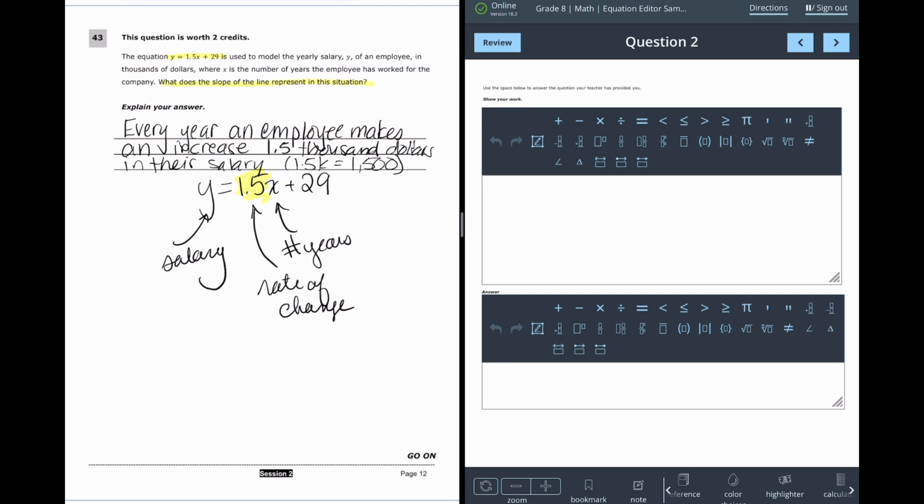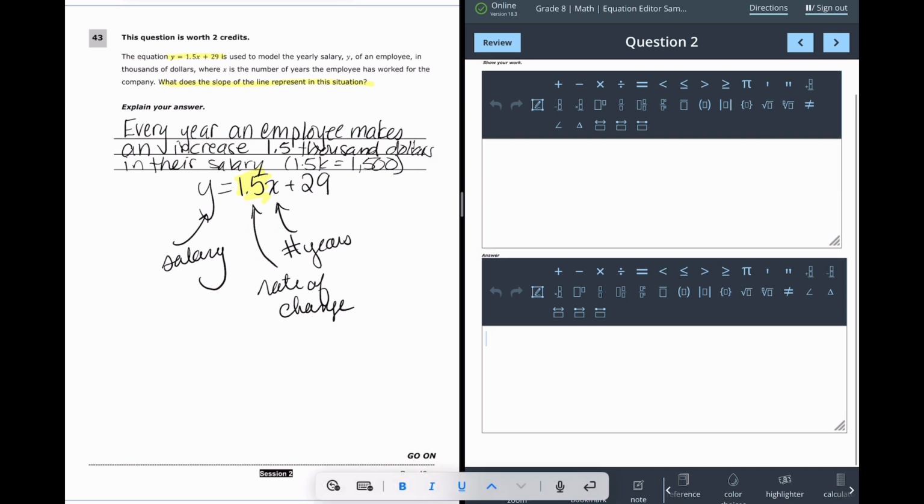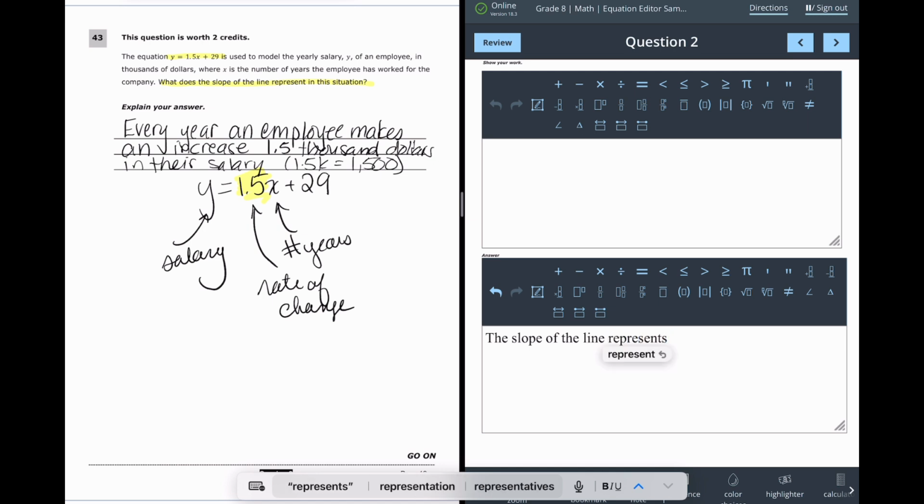Okay, so now I just need to transfer that over. I'm only going to use the bottom part for the answer, so let's make that one a little bit bigger, and I just have to put that in my explanation. Let's start by restating the question. What does the slope of the line represent in the situation? The slope of the line represents the salary increase for every year.